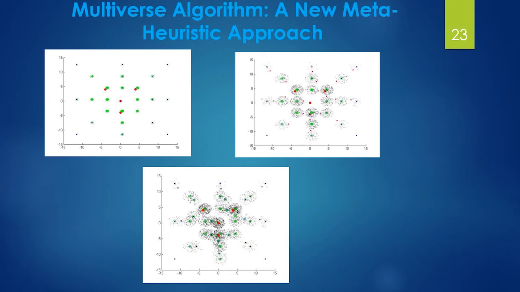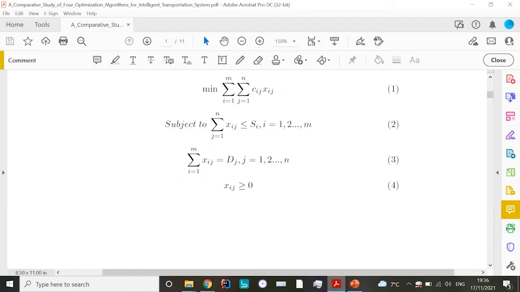We have lots of initial solutions, and in the next step all of these solutions will explode in the space, and in the last step the optimal solution will be surrounded by the solutions provided by the algorithm.